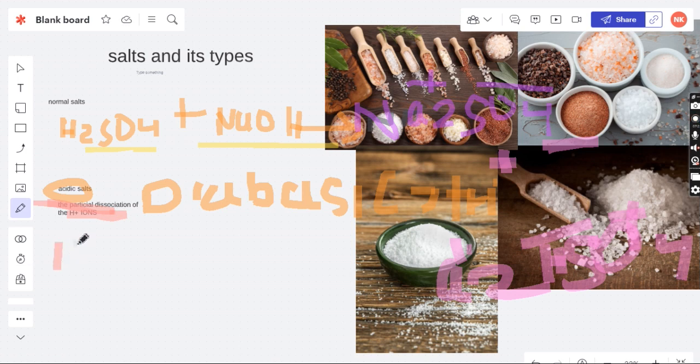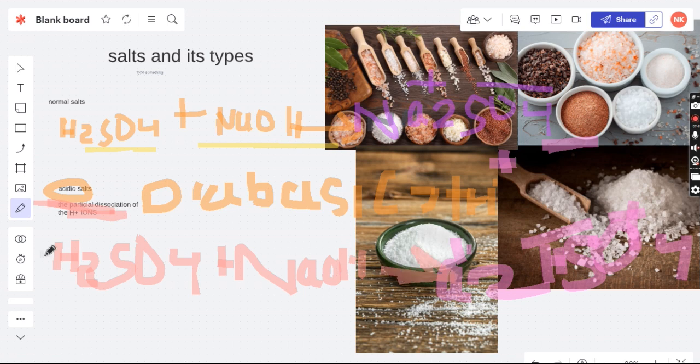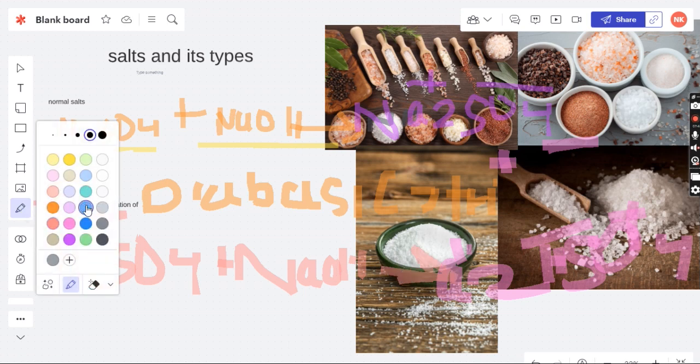For example, we have H2SO4, sulfuric acid, which combines with NaOH. The final product that we got is NaHSO4, and you can include gazillions of examples by yourself, which I'll be listing here too.